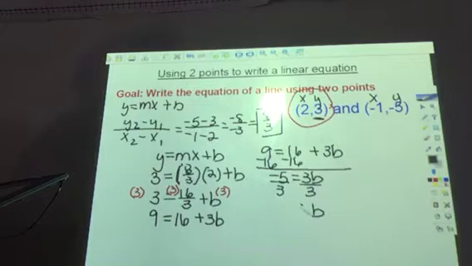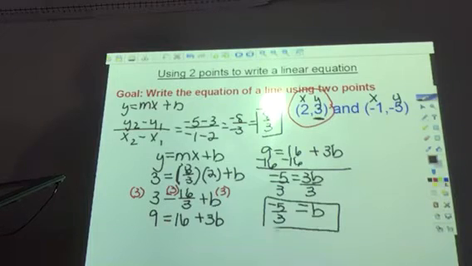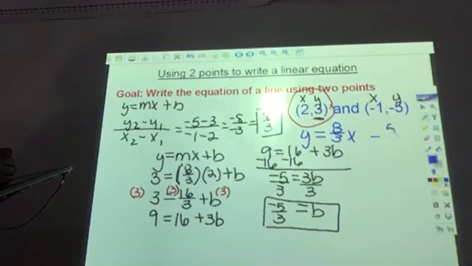And b, or my y-intercept, is -5/3. So now, the equation of my line, using the slope and the y-intercept, is y equals 8/3 x minus 5/3.